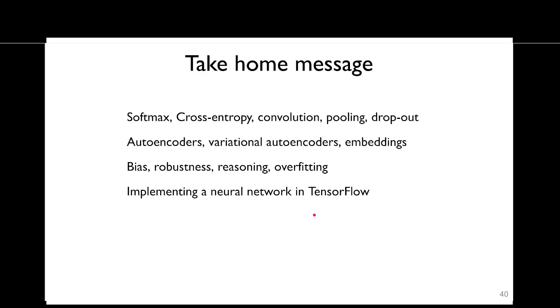And you should be aware of the limits of neural networks with bias, robustness, reasoning and overfitting. And most of all, you should be able to implement a neural network in TensorFlow if guided, and using basically the insights that you get from the existing code.